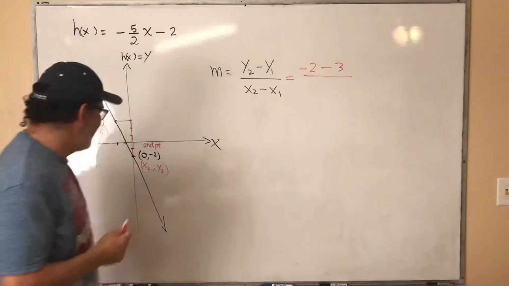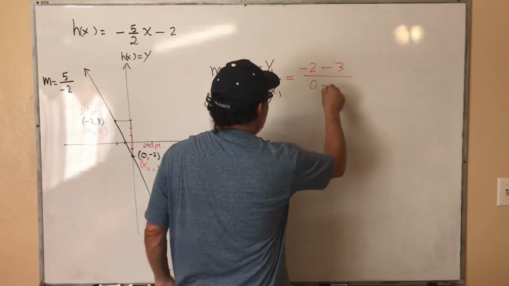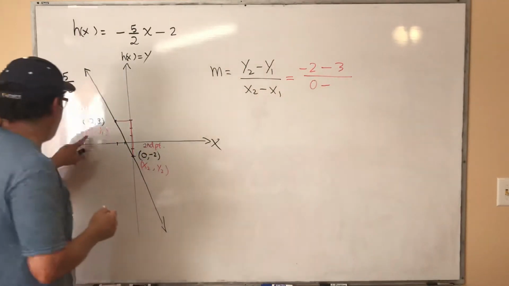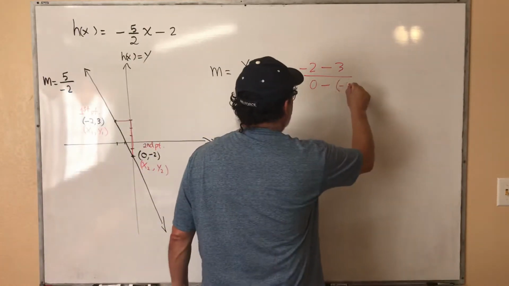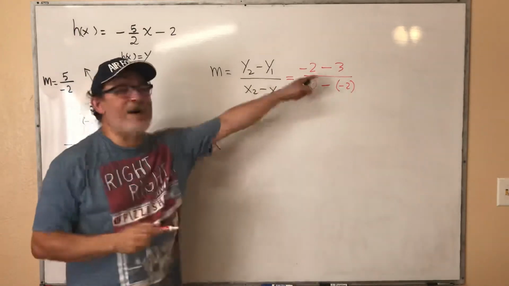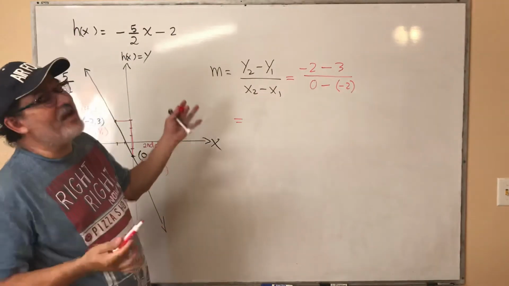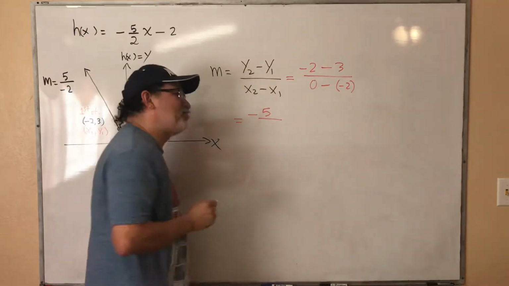Over x2, which is 0, minus x1. What is x1? x1 is -2. And look, what is the top? The top is -5. And what is the bottom?